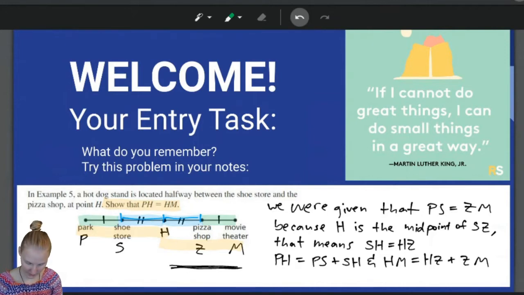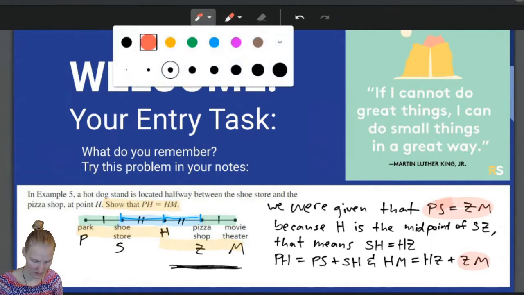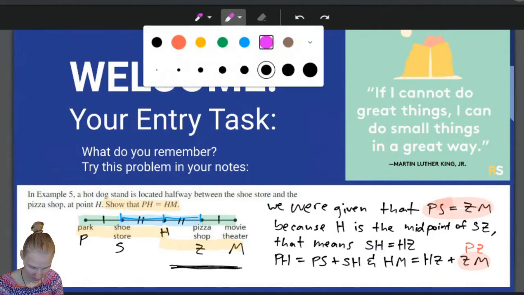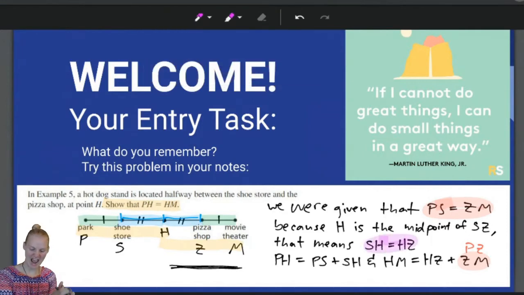Now, different color here, because PS is the same as ZM, instead of ZM right here, I can write PS, because they're the same. And because SH is equal to HZ, here I can write SH instead, because they're the same thing.